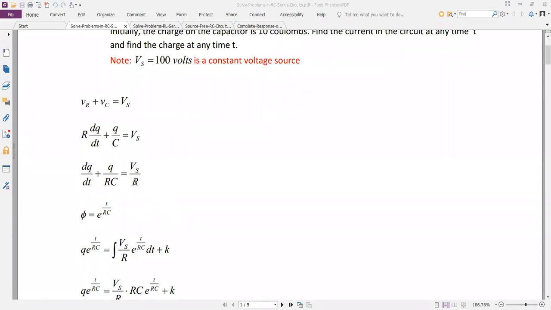If you look very closely, this DE is linear. And it is a requirement that if your DE is linear, you are to determine the integrating factor, which is e raised to the integral of P of T. This is our P of T, 1 over RC, and this is our Q of T.